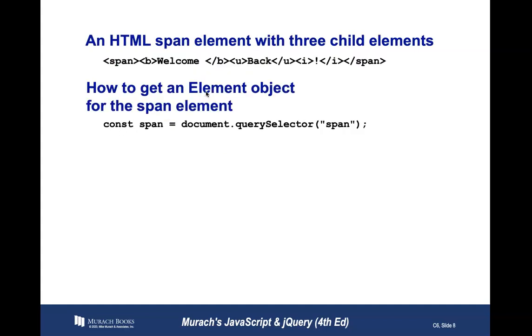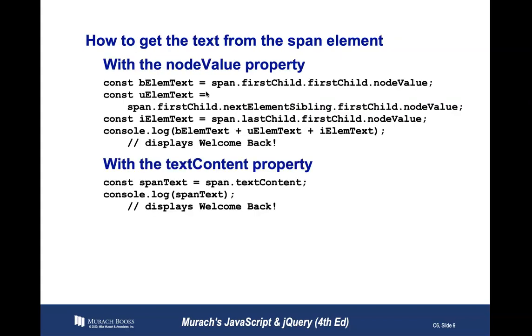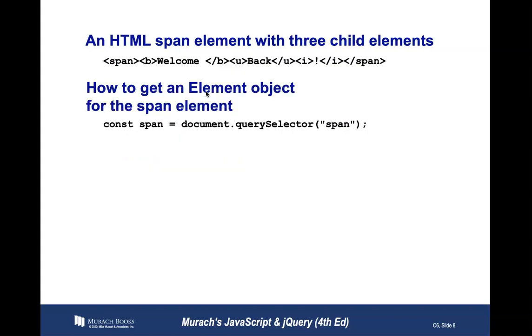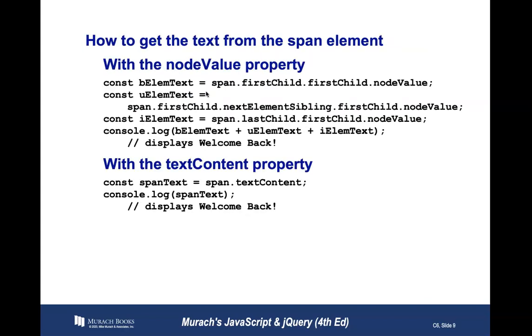So once again, if we look at this and we call it the text content, it would grab welcome back and then the exclamation point. Okay, and notice how there's a space after welcome in the bold tag. That's to target that. So that explains the node value property, a little bit about first children, next element sibling, last child, and it says welcome back.